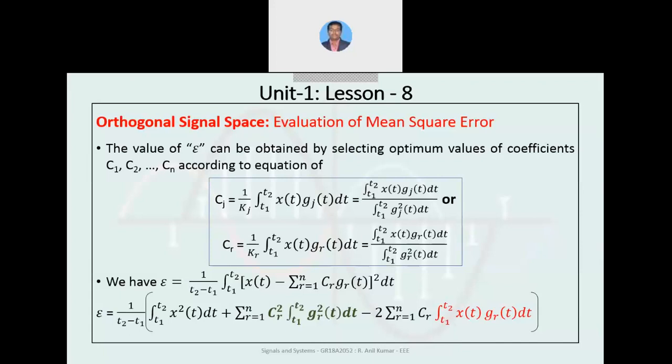Here in the summation term, we are considering the signals in a space, so we express all the signals at a time, considering n signals. After expressing xe of t in terms of x of t and gr of t, it is in the form of a minus b whole square, and after expanding, the expression will look as you see in the slide.